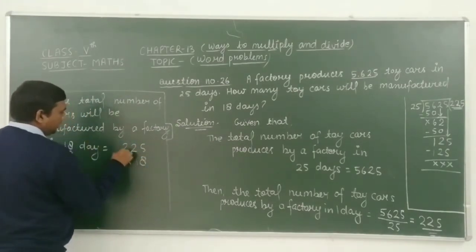It means that here we can write 225 multiplied by 18.